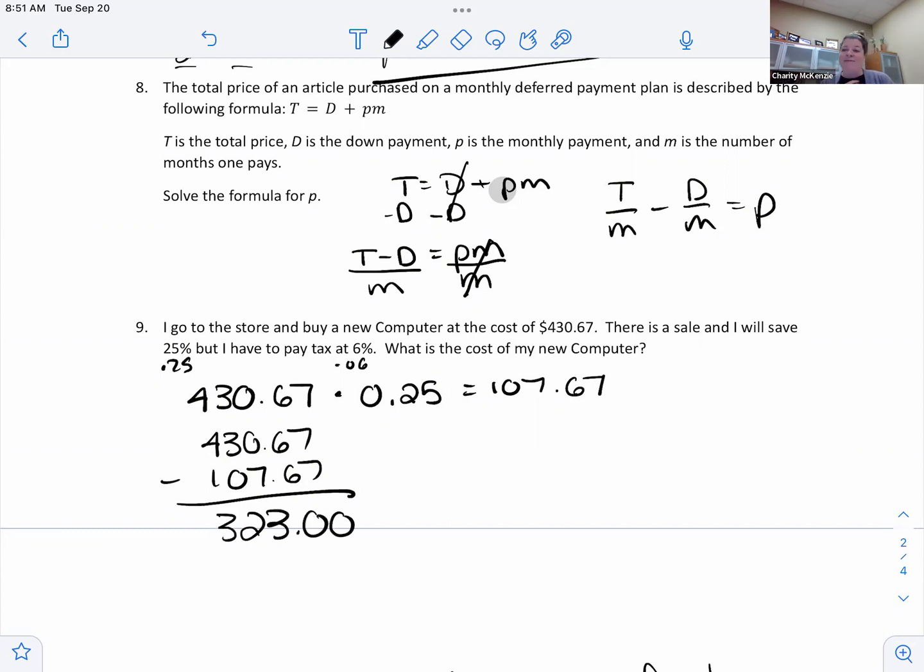So now I have the price. So I can't do a discount and tax at the same time. You have to do them all separately. So I do my discount to see what I pay taxes on. I'm only paying taxes on the $323, but you cannot say 25% plus the 6%. You can't combine those in any way. They have to be separate processes.